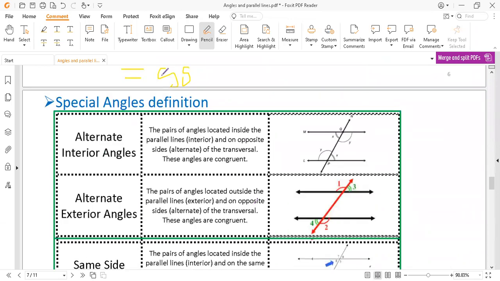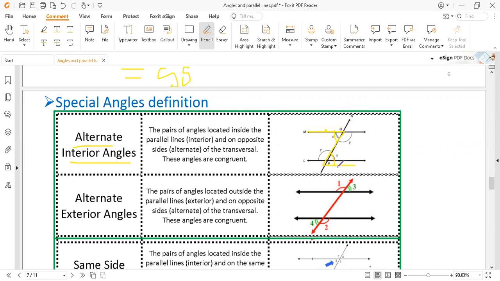So what about special angles? Okay, some different positions of angles. We have alternate interior angles. By alternate interior angles, we mean the angles formed between two parallel lines that form the letter Z. Z interior, so this one is equal to this one because we have an interior Z with the exterior sides parallel.